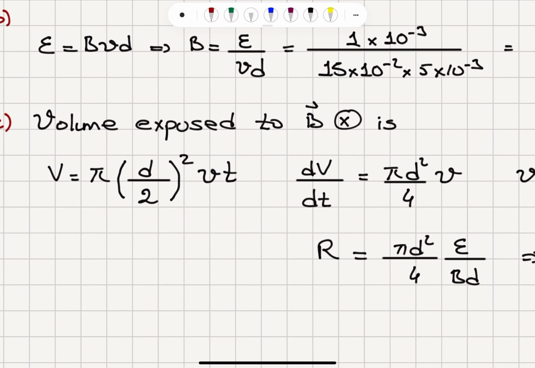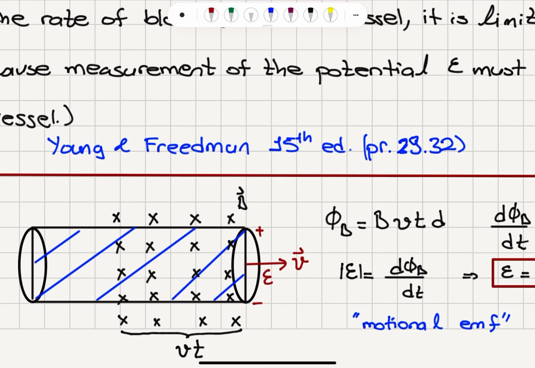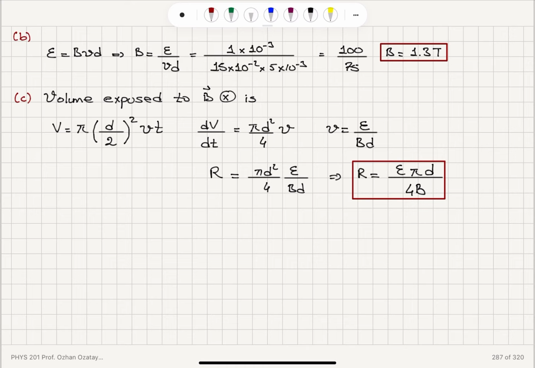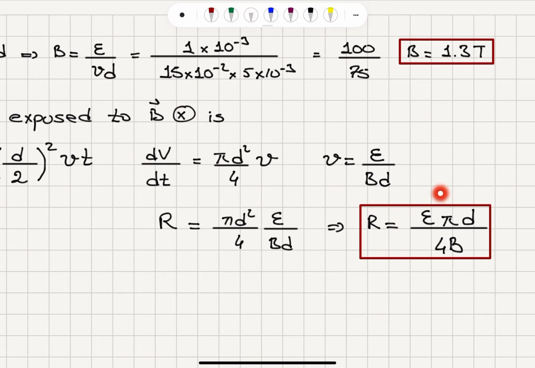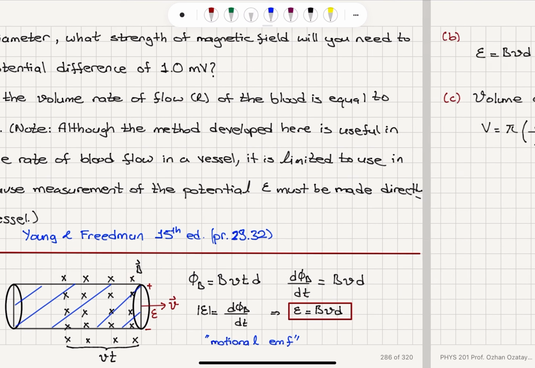The volume flow rate is basically the volume that is inside this magnetic field, which is pi r squared multiplied by the length, pi (d over 2) squared Vt. That's the volume. dV dt, rate of change of volume in time, is pi d squared over 4 v. Because v is epsilon over Bd, we can write the rate of volume flow this way, as suggested in part C of the problem.